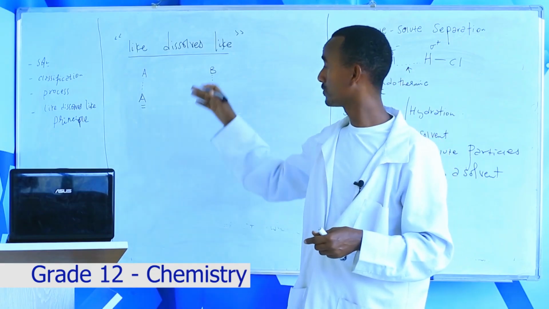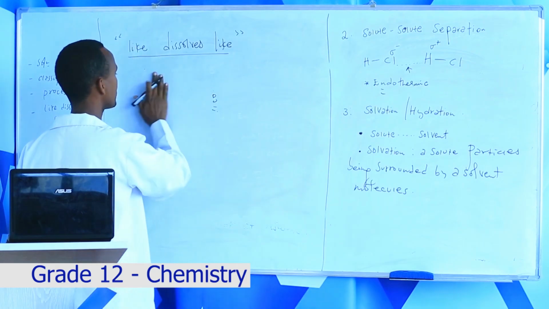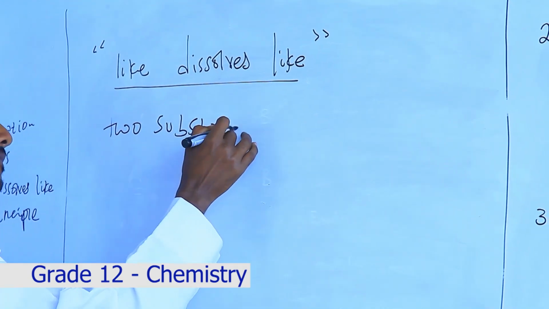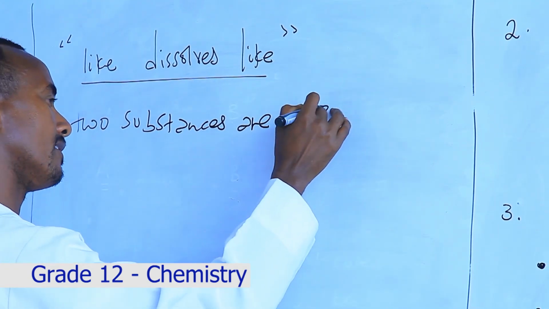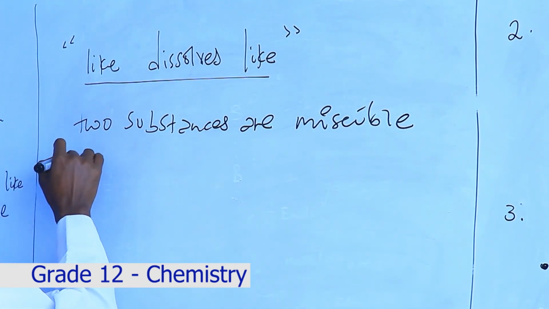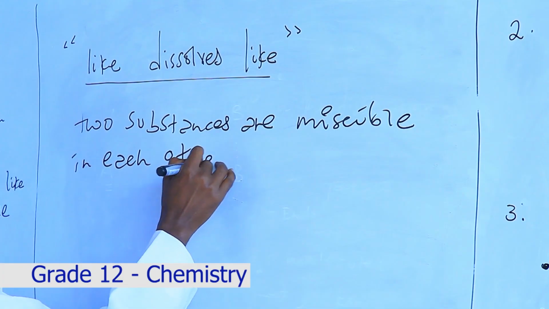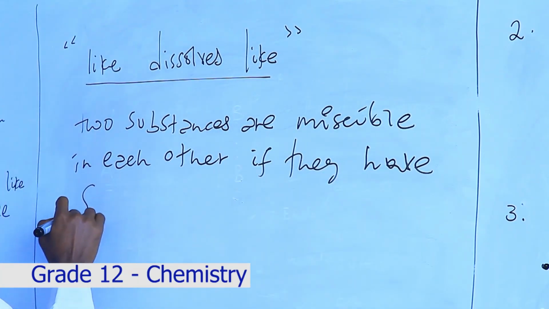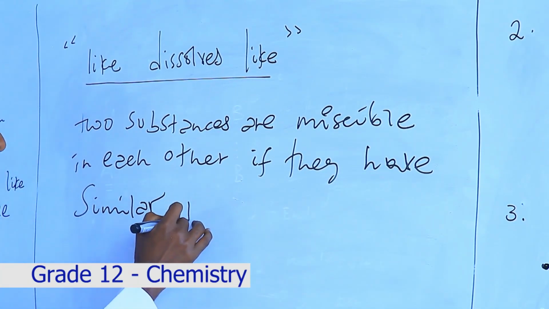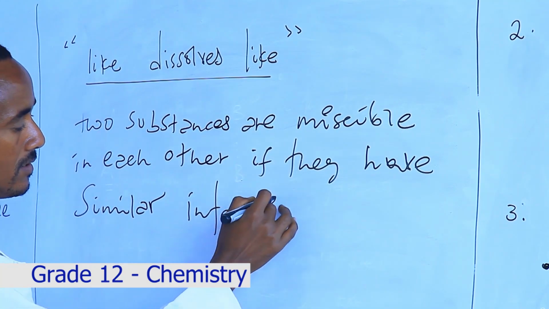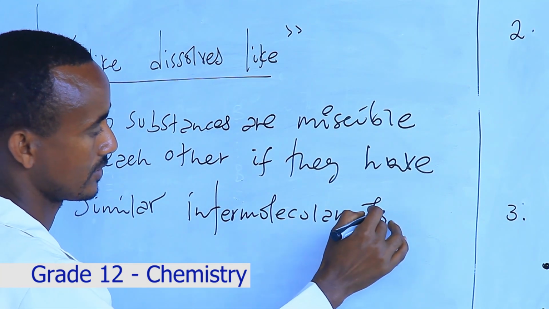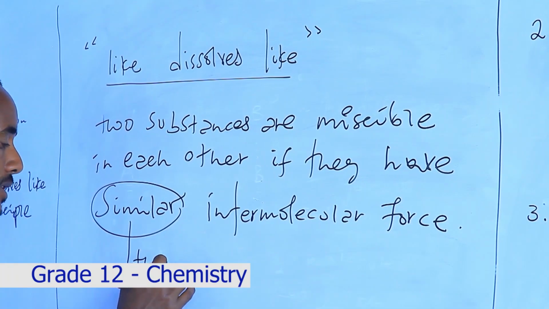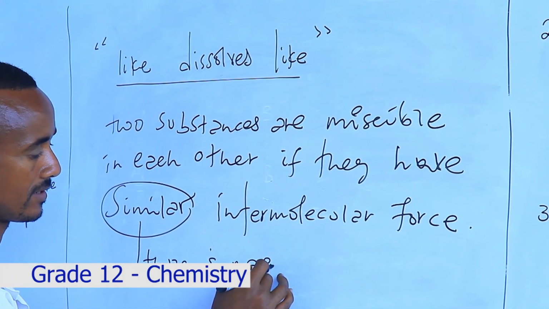So according to the like dissolves like principle, two substances are miscible in each other if they have similar, not the same, actually, similar intermolecular force. The similarity will be in both type as well as magnitude or strength.